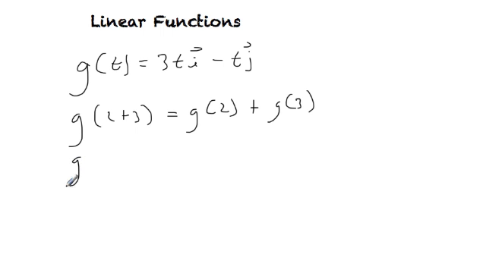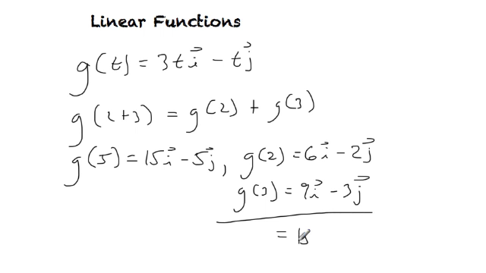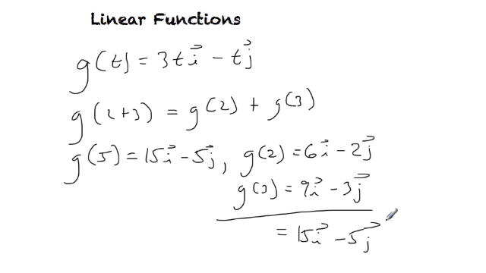Let's check that. 2 plus 3 is 5, so g of 5 is 15 i hat minus 5 j hat. Then g of 2 is 6 i hat minus 2 j hat, and g of 3 is 9 i hat minus 3 j hat. If I add these two, I get 15 i hat minus 5 j hat. So we see that it's the same.